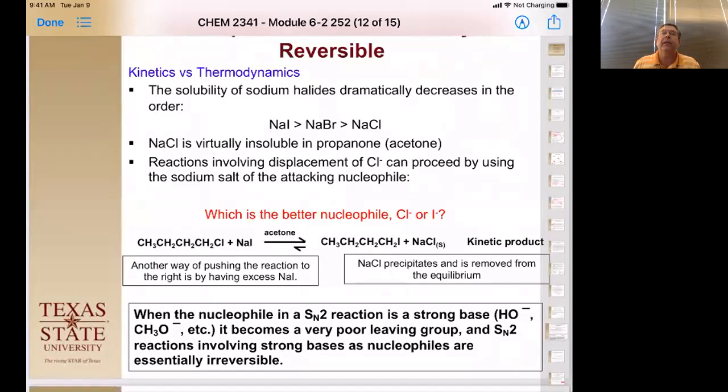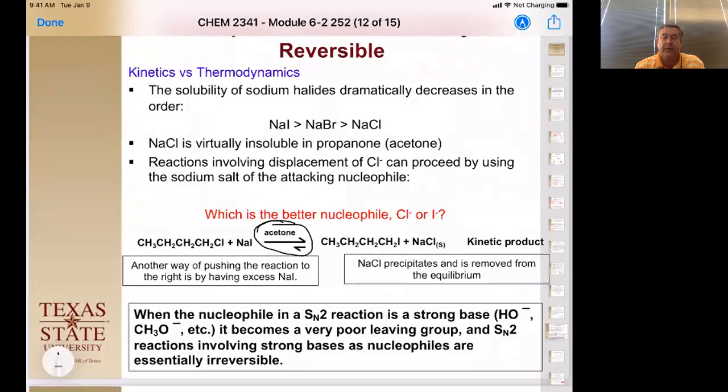So how can we trick it and go to the kinetic product? Well, even though there's a little bit of forward and reverse, remember this reaction is slightly reversible, what if once we got that stronger base, the chloride, we turned it into a solid and removed it from the solution? So it's no longer participating in the reaction because it has turned into a solid.